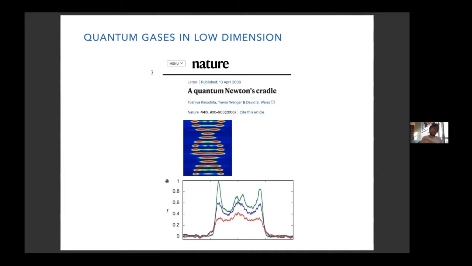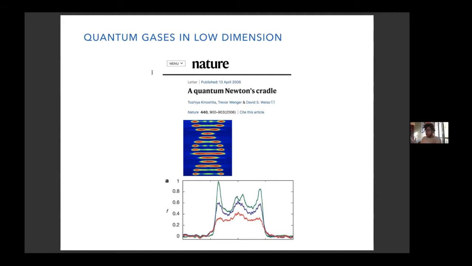One of the most successful examples of this is in the field of cold atoms. Nowadays, they can really isolate atoms and bring them to a temperature where quantum effects are relevant, and even study their non-equilibrium dynamics.